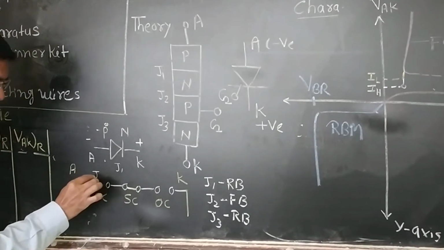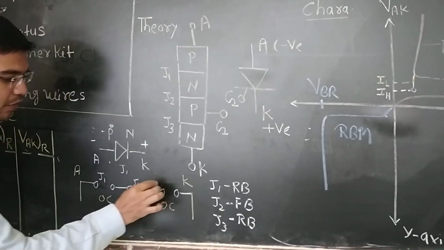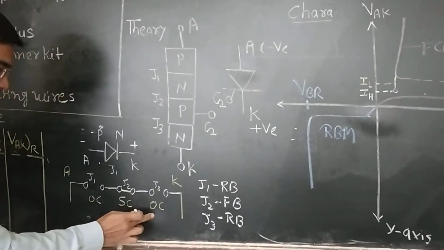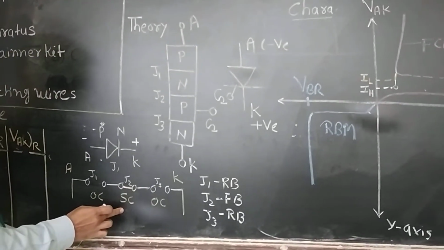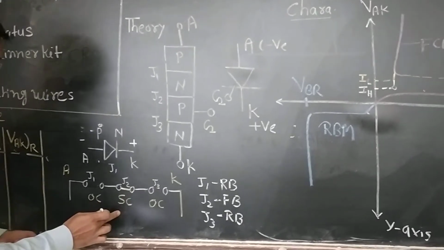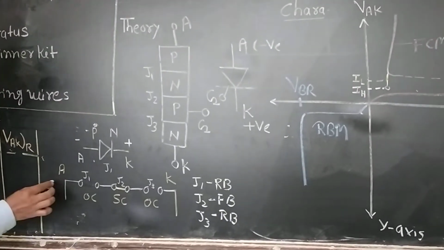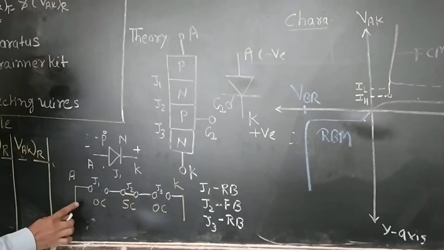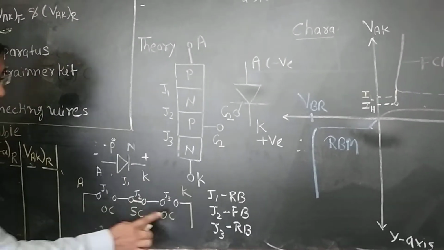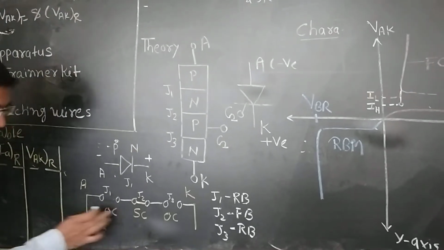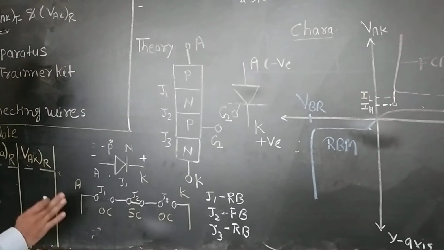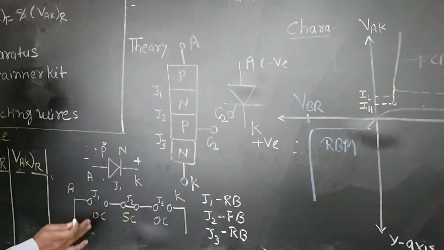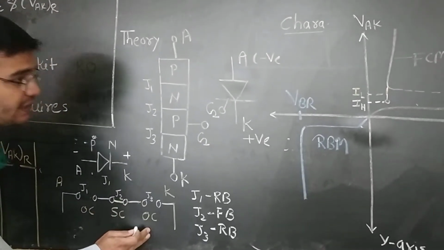Here J1, J2 and J3: J1 is open circuited, J3 is open circuited and J2 is short circuited, because it is in forward bias condition. So the anode to cathode current does not flow, but voltage will appear across the anode to cathode terminals. No current will flow under this mode, but voltage will appear across junction J1 and across junction J3.